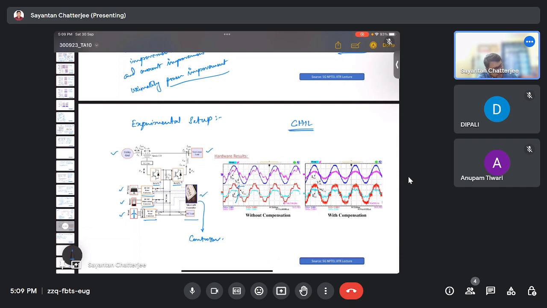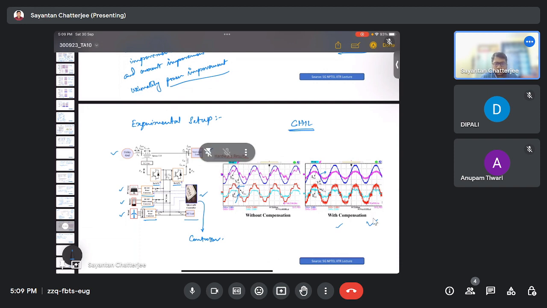This is the CHIL mode of operation, controller hardware in loop. This controller would observe these harmonic changes in the waveforms, and based on that the AC waveform has been observed. This is the AC waveform, and the improvement in the profile is ISA and VIA as we can observe. So there is a significant improvement in the load profile, and this is from the CRO or DSO outputs.